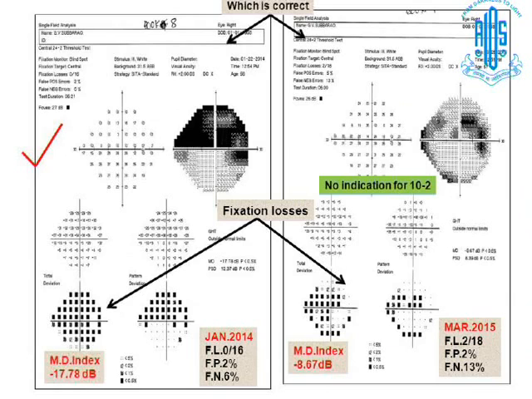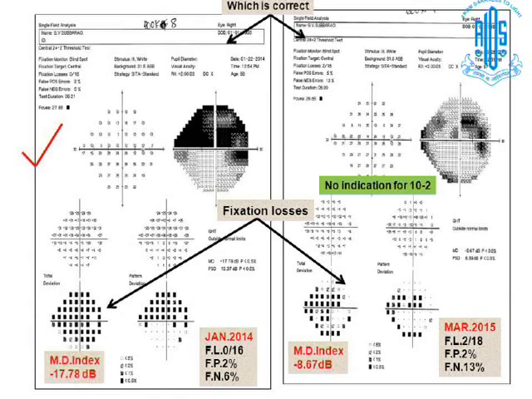In this case, the patient was seen in 2014 and 2015, and it improved drastically in 2015. But if you see the fixation, the only difference between these two is that in the 2014 printout the fixation losses are 0, and in 2015 the fixation losses are 2. Then which is correct?